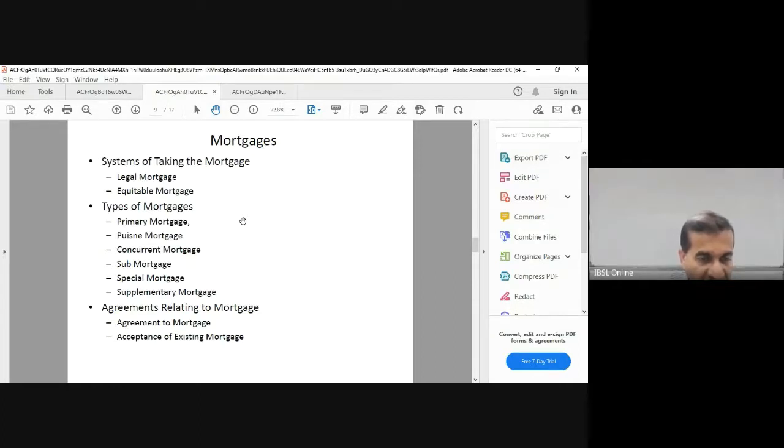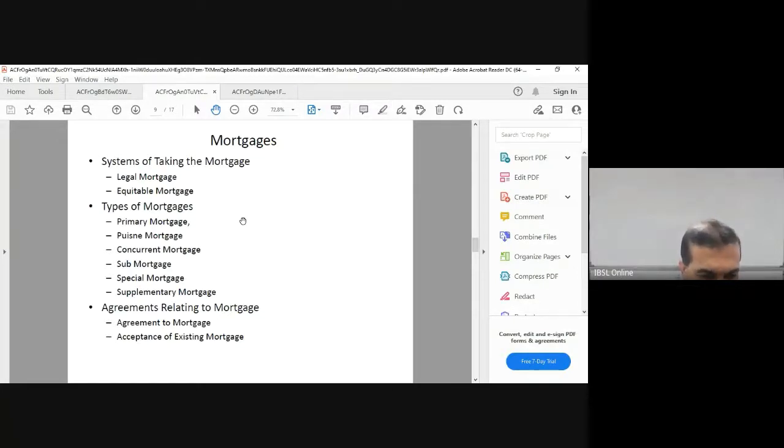An equitable mortgage, which we don't practice right now, is where you just bring a document, keep it with the manager and take the loan. There is no registration as such. But a legal mortgage is the right method, where the legal officer will take the mortgage and register it with the land registry, and issue a letter to the branch manager saying that the mortgage has been executed, so that you can release the loan.